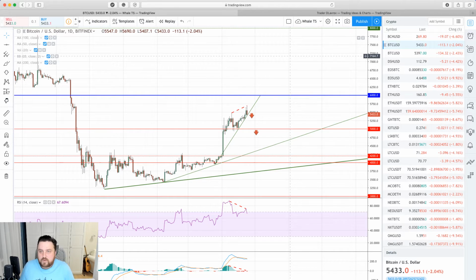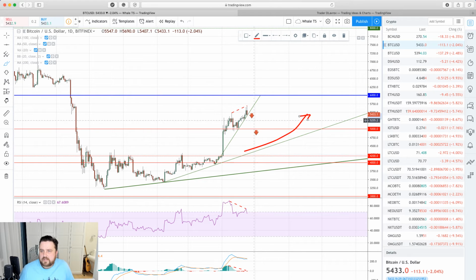But a correction will be good for getting new trading opportunities from support zones, like this uptrend line, like the support zone between 4,200 and 4,000. It is the previous resistance zone. Now it will act like a support zone.